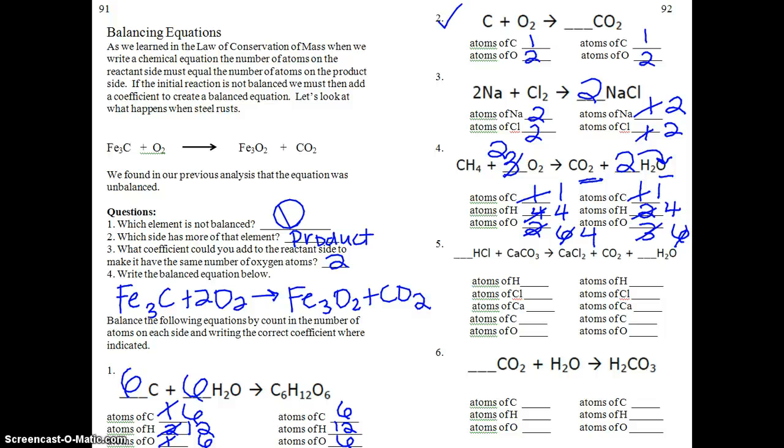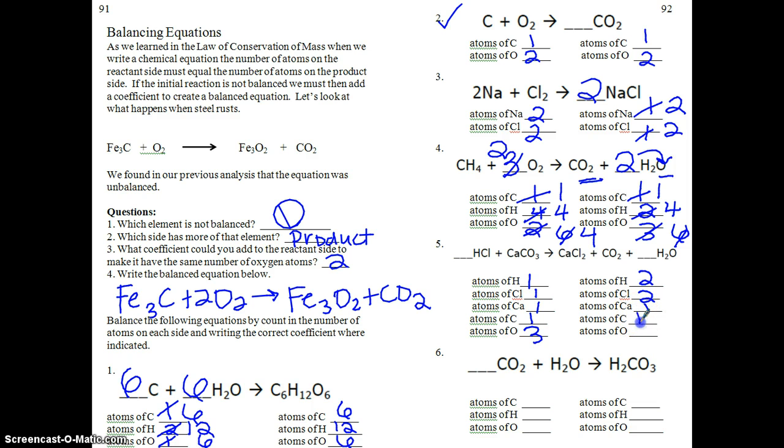Alright, let's look at number 5. How many atoms of hydrogen? How many atoms of chlorine? How many atoms of calcium? How many atoms of carbon? How many atoms of oxygen? Good. How many atoms of hydrogen? How many atoms of chlorine? How many of calcium?